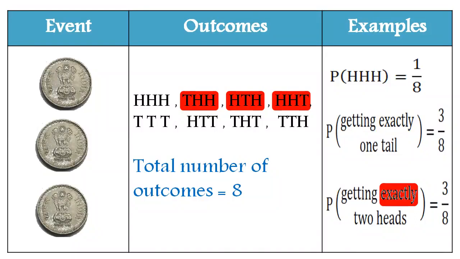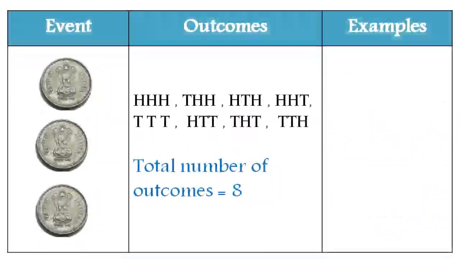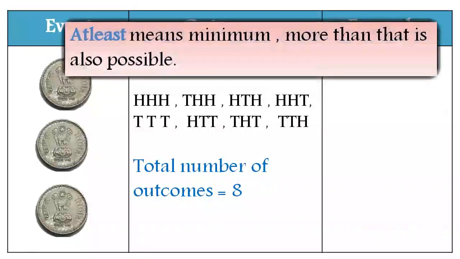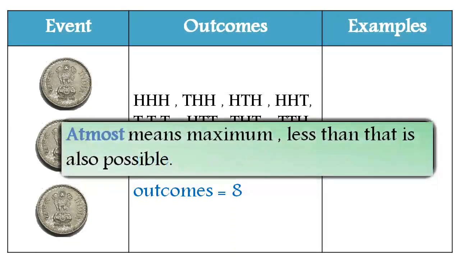Let us understand two more concepts, at least and at most. At least means minimum, but more than that is possible. At most means maximum, but less than that is possible.